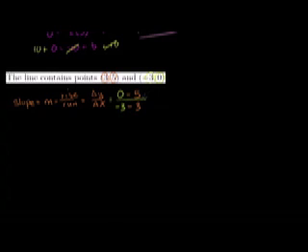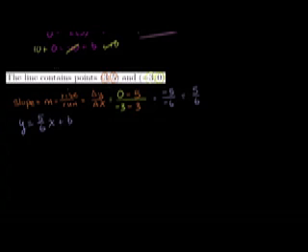This is going to be equal to, the numerator is negative 5, over negative 3 minus 3, which is negative 6. So the negatives cancel out. You get 5 over 6. So we know that the equation is going to be of the form y is equal to 5/6x plus b. And now we can substitute one of these coordinates in to solve for b.